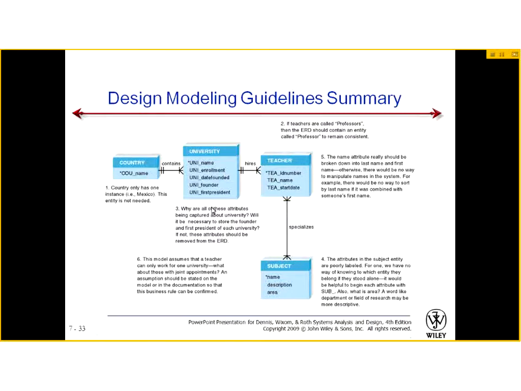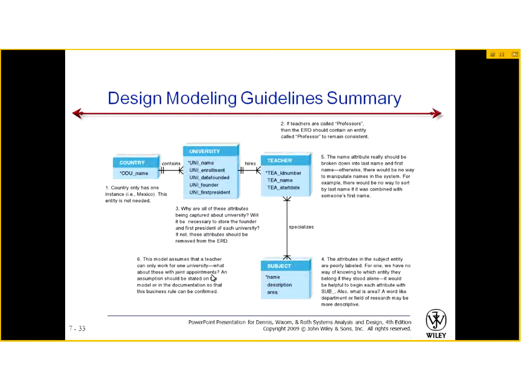There is some problem in this relationship: a teacher can only work for one university according to this entity relationship diagram. What about teachers with joint appointments? A teacher may work in more than one university, working at one university and teaching some courses at another university as well. This entity relationship diagram cannot accommodate those teachers.